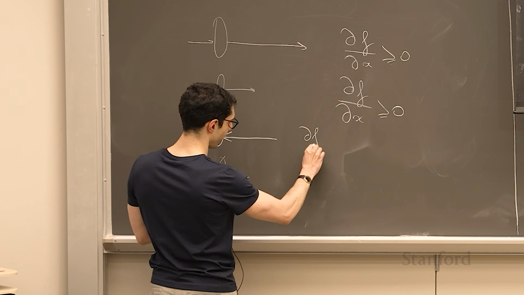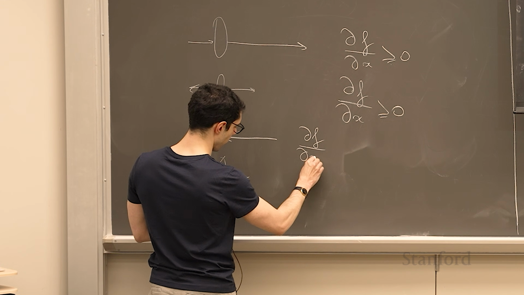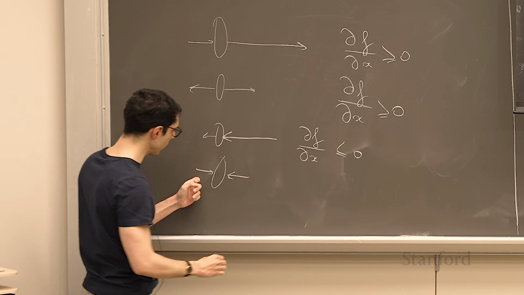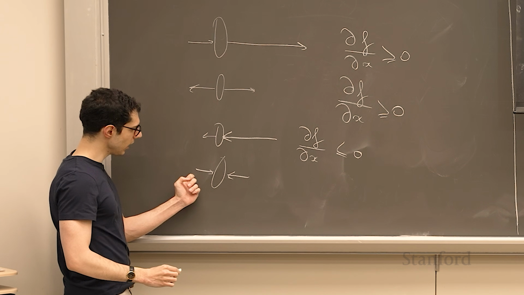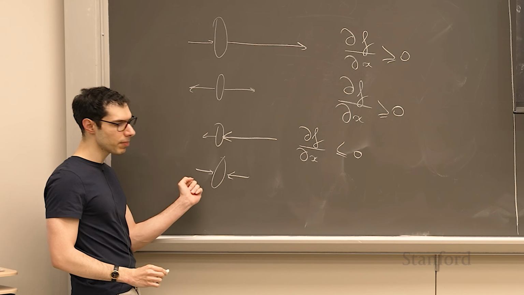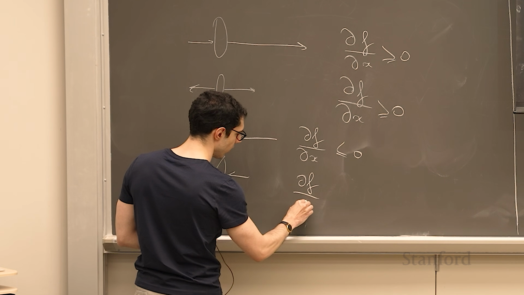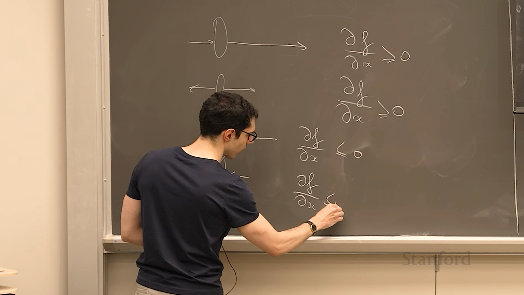So here you have partial derivative of f over x, which is negative. And here you see that it was first positive, and then it becomes negative, which again boils down to this.